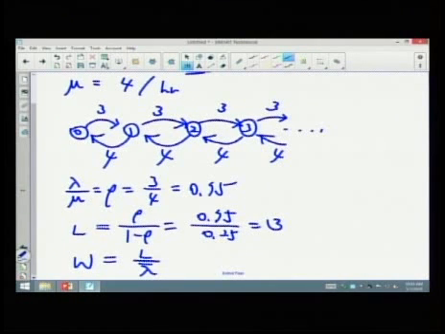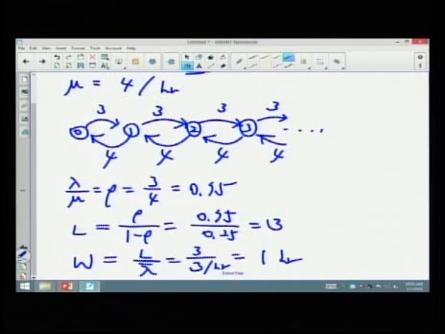So what is this? 3 over 3 per hour, which is 1 hour. Very simple. Is that right? Likewise, you can also determine WQ and LQ as well. Either you can use the formula or you can count on it. Either is fine. So can you do that, right?